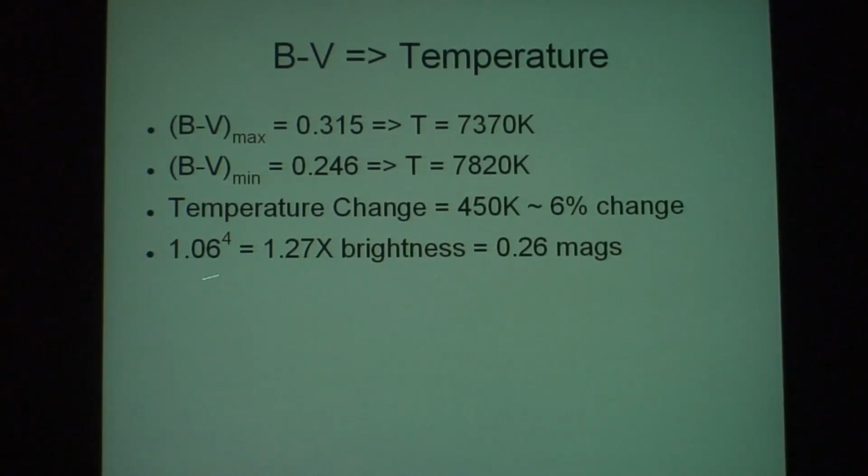Well, if we take 1.06 to the fourth power, we get a 1.27 times increase in brightness, which is about a quarter of a magnitude. So there's why our star is varying. It's because the temperature's changing.